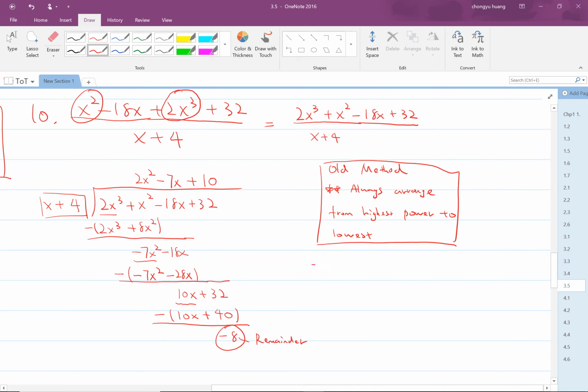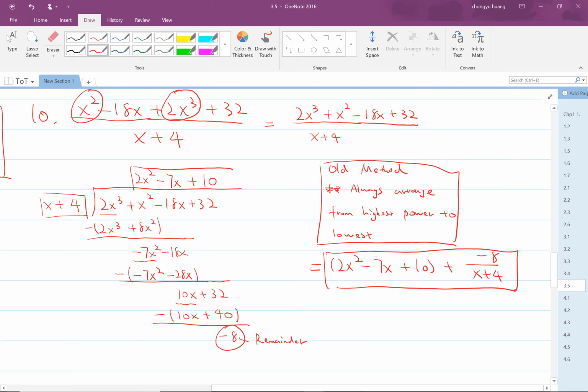So the whole solution will be equal to 2x squared minus 7x plus 10 plus negative 8 over x plus 4, right? So this is the full solution for question 10, right?